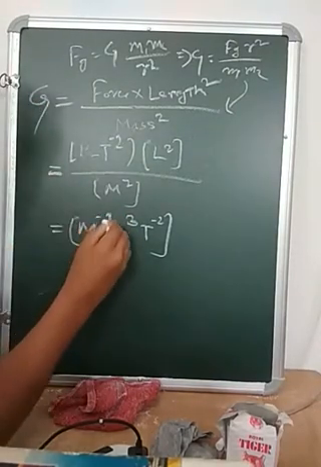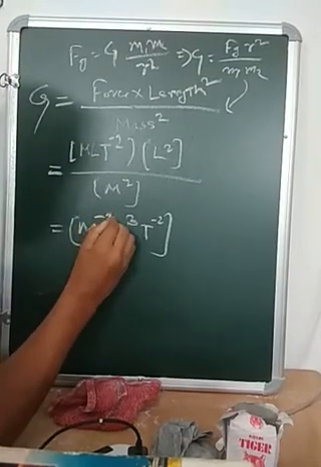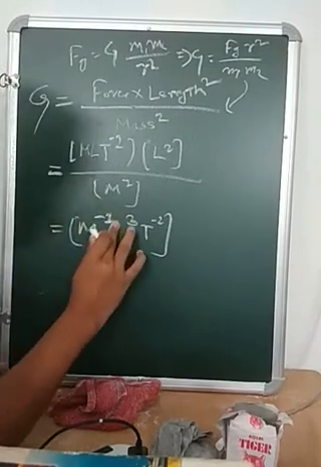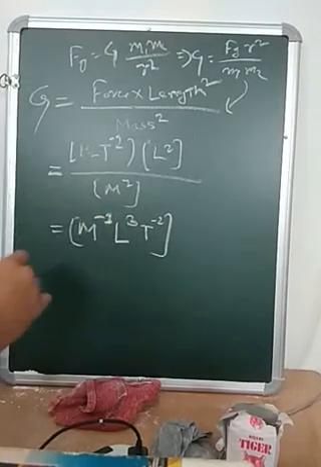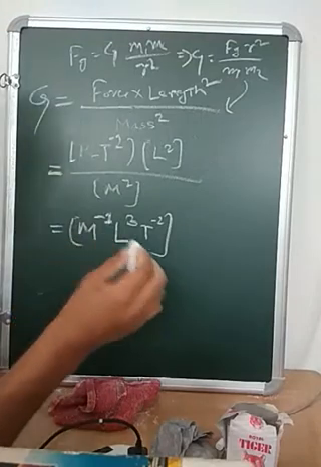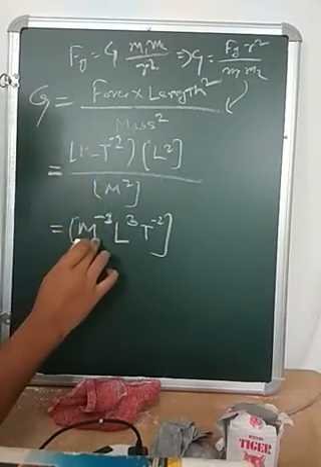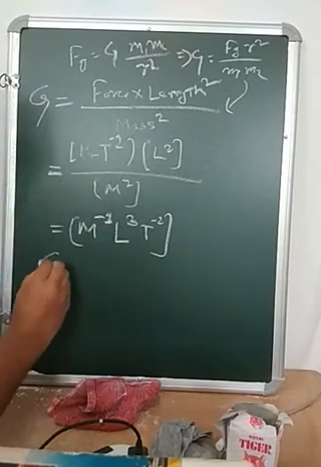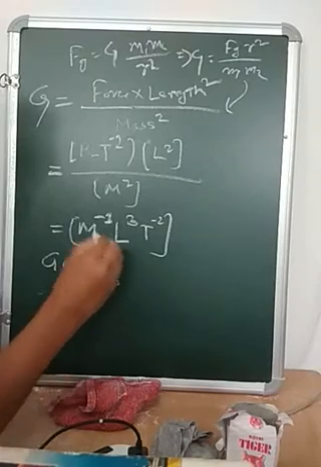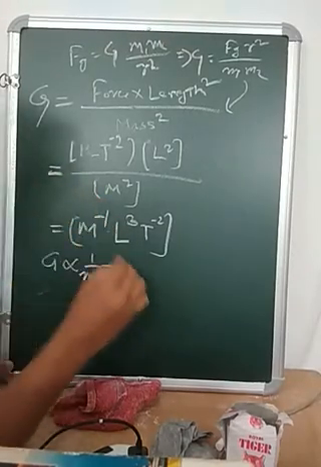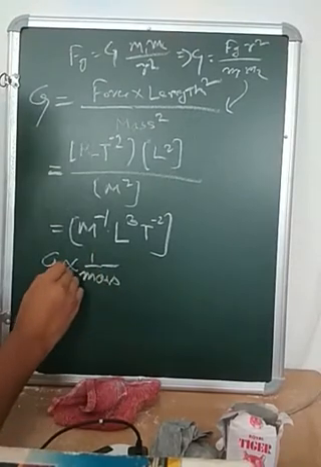So from this formula, what information can we give, how can we visualize it? See, we see how the mass depends on the gravitational constant. G is proportional to mass to the power minus 1. So when mass increases, G will decrease.